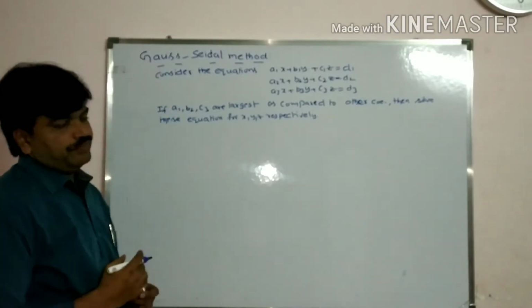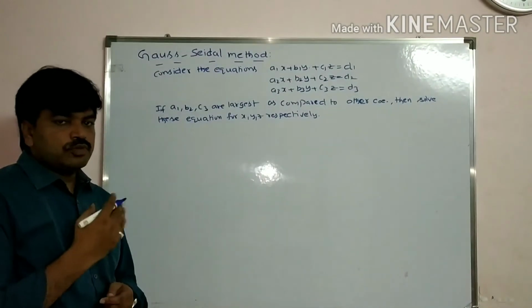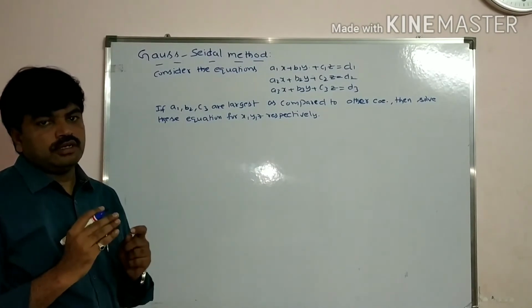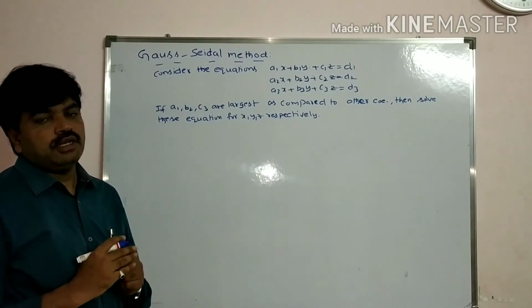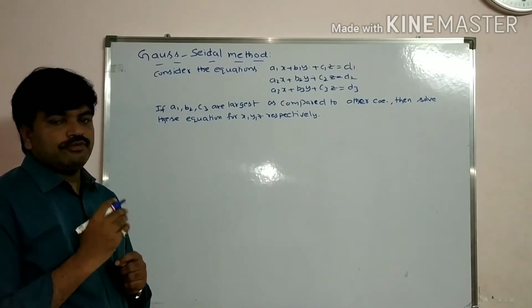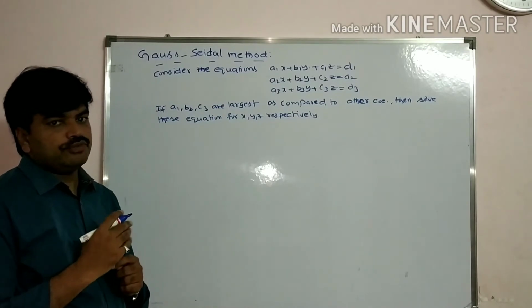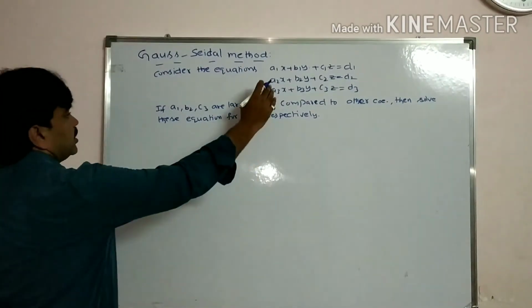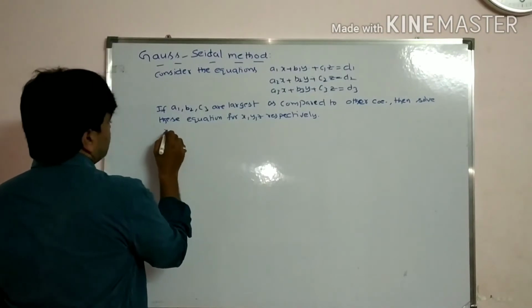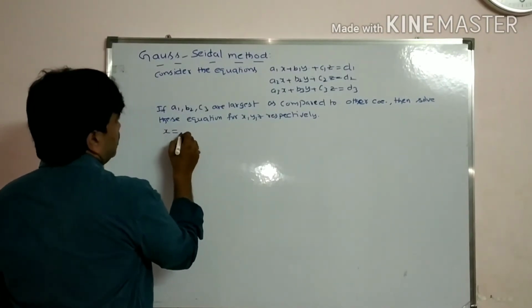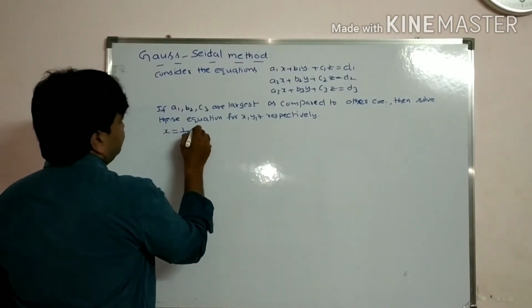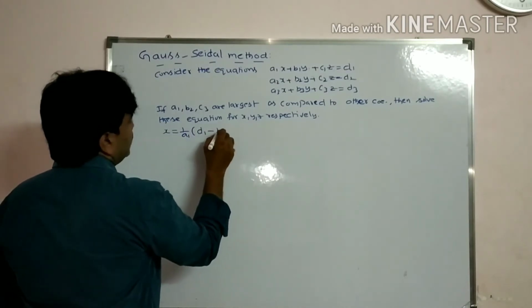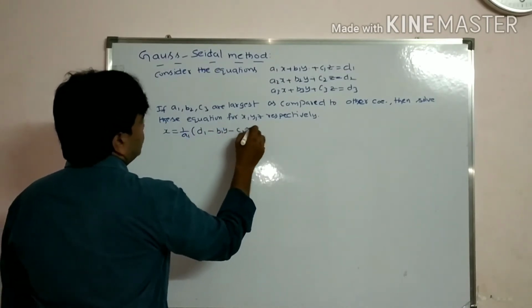Now, what is the second step students in Jacobi's method? Rewrite the equations as x in terms of y, z, y in terms of x, z, and z in terms of x, y. So here also rearrange the terms. So x is equal to 1 by a1 into d1 minus b1y minus c1z.